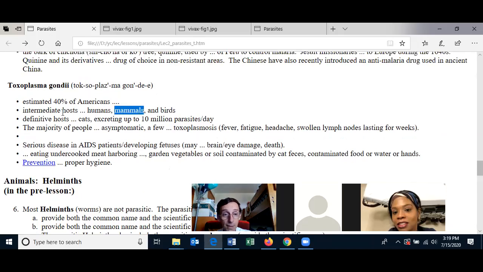And it's an intermediate host, but the juvenile is living in the cow, or can be living in the cow. And then if you eat steak tartare or eat beef that is undercooked or raw, you can come down with the parasite.